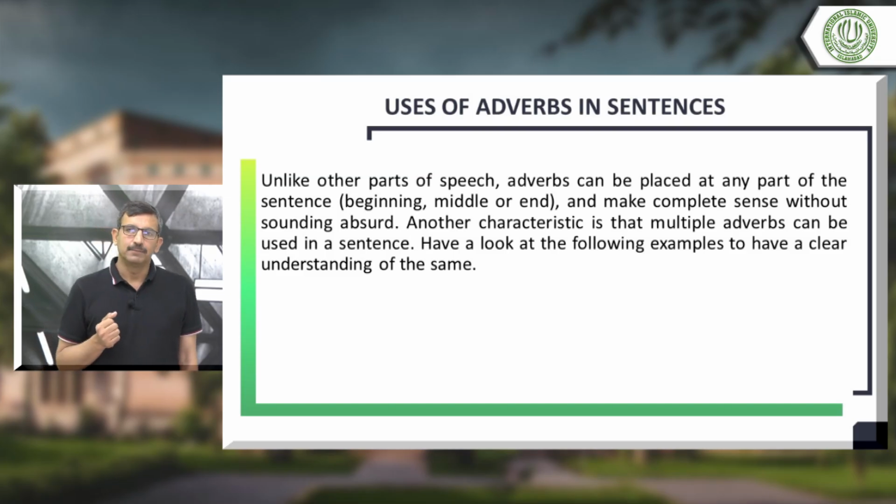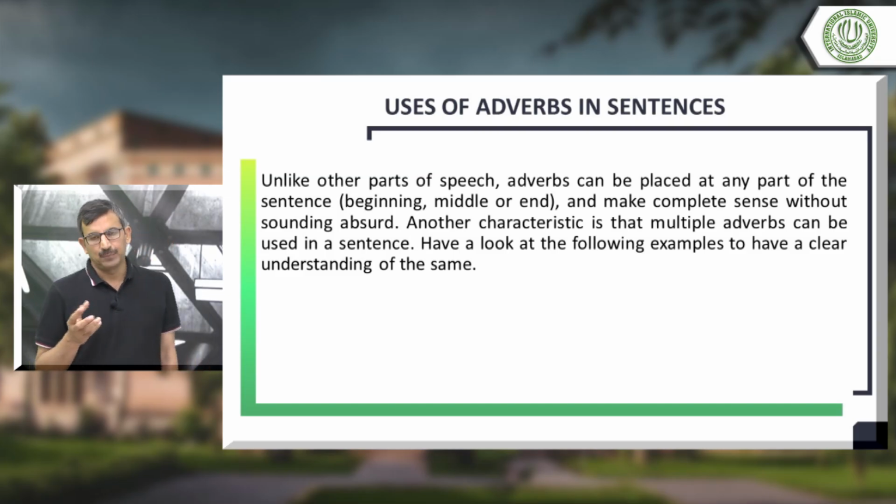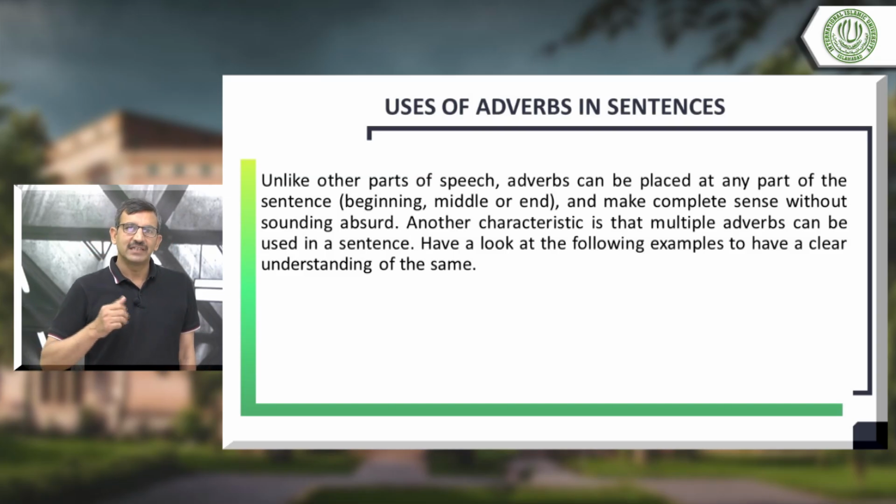For example, if I say they secretly decided to leave the town, they decided to leave the town secretly. In the first sentence, they secretly decided, it means the decision is secret.